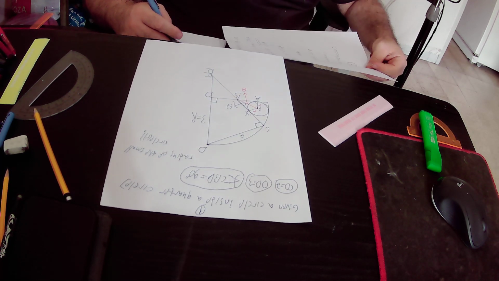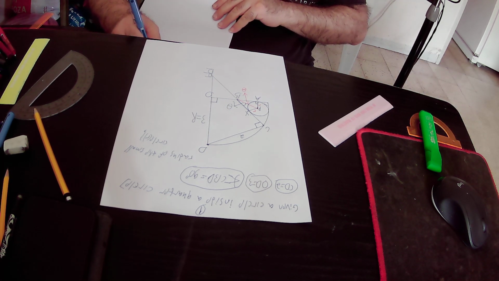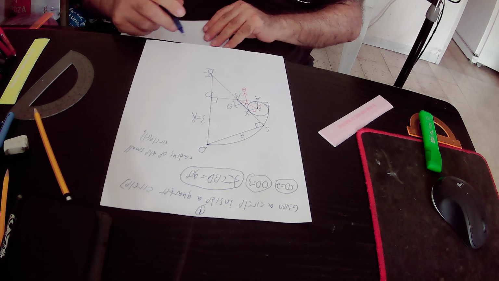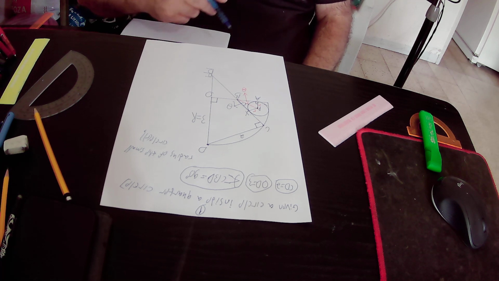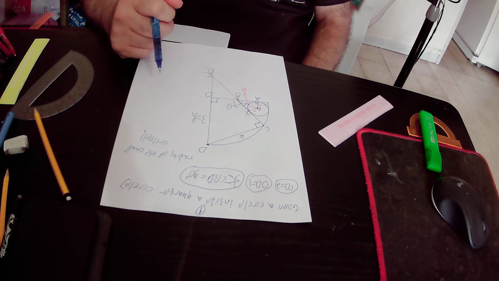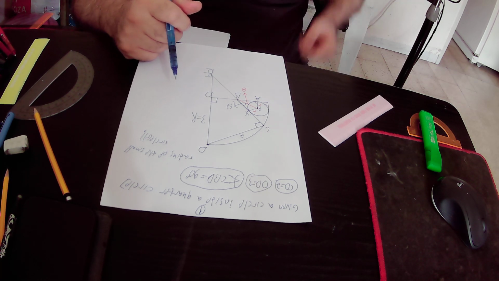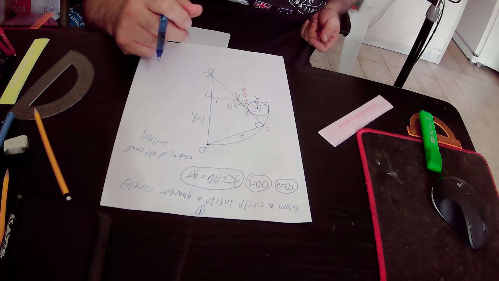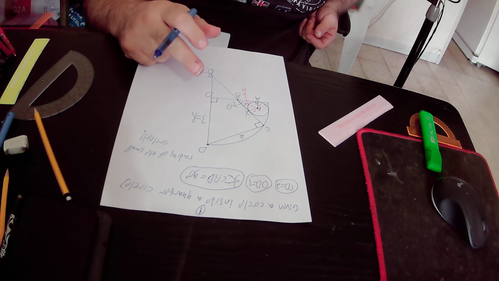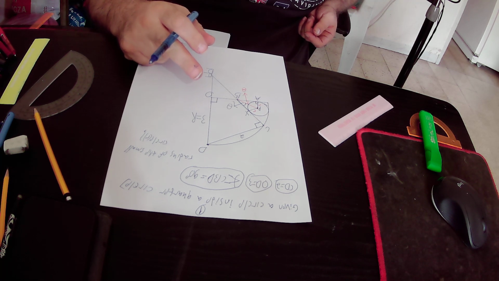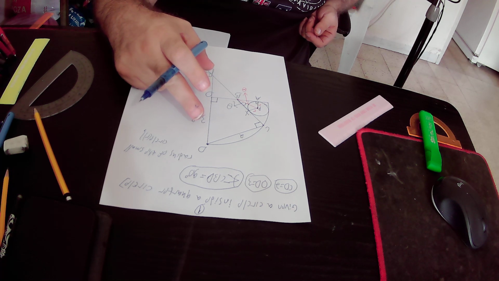So peripheral angle ECD equals 90 degrees. According to the rule that I read, it must rest on the diameter of the circle. So ED, the peripheral angle ECD rests on ED.